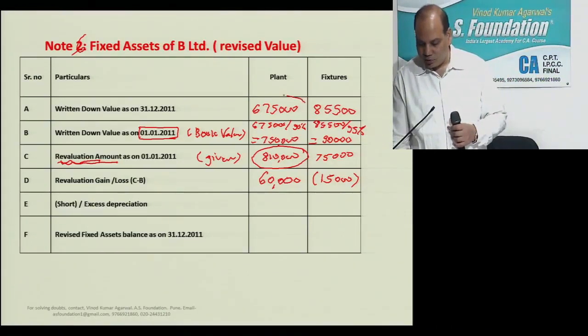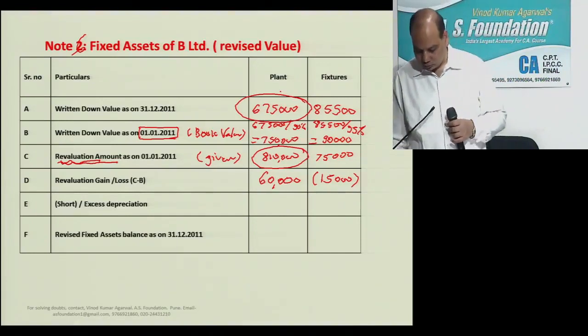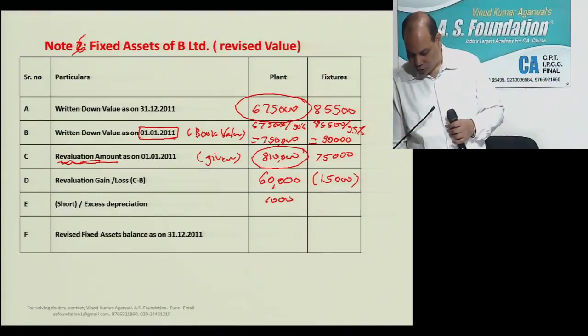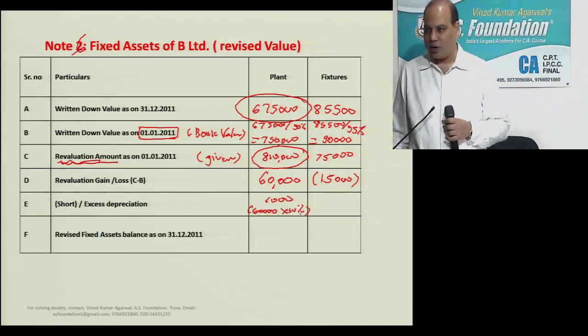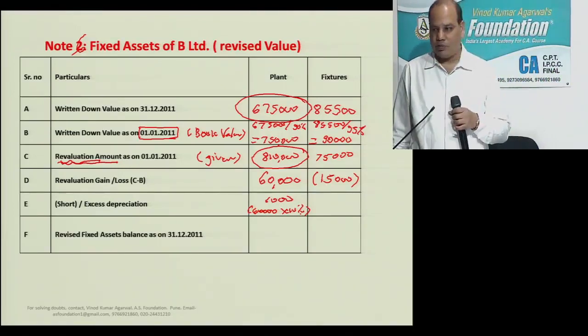But actually you have provided depreciation of 75,000. So 6,000 is short depreciation. There is a shortcut to reach this number. Just take 60,000 into 10%, or you can compare 81,000 with 75,000. Which one you want? 81,000 minus 75,000 or 10% of 60,000? That is easy to understand later.